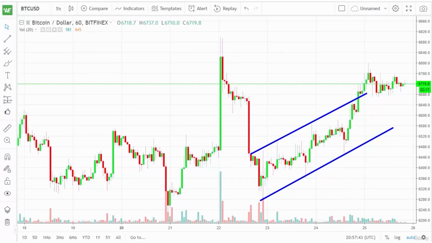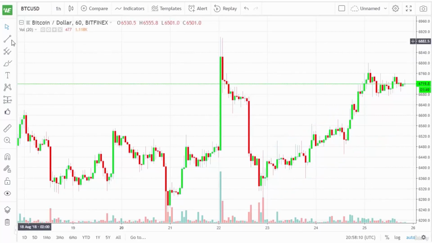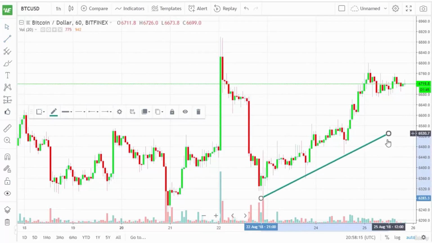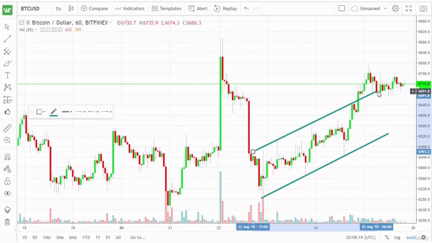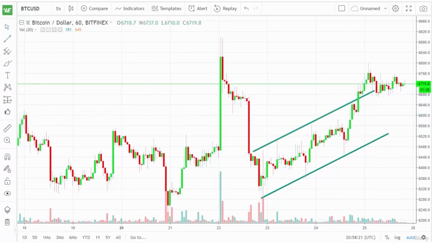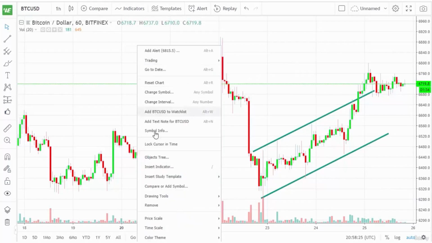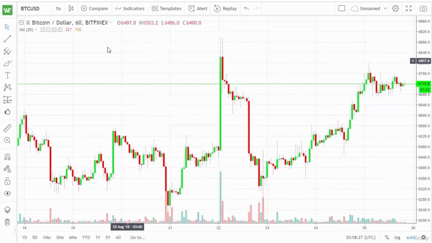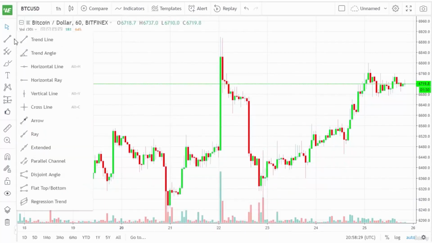You can do it one of two ways. You can do it using just regular trend lines, or you can use the tool for parallel channels, which will give you a perfect parallel channel, which is really what you're looking for.